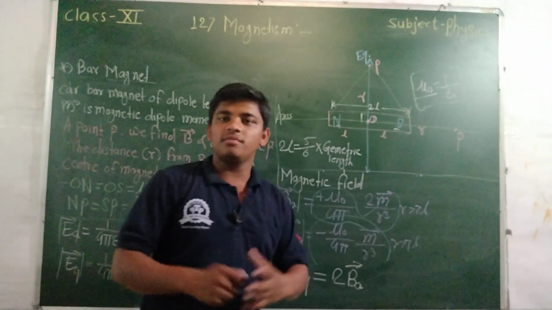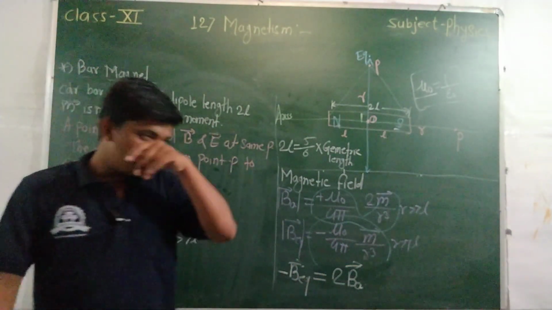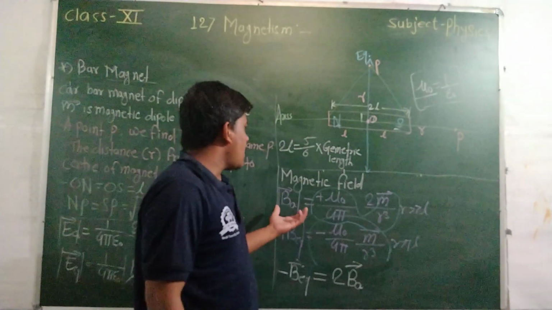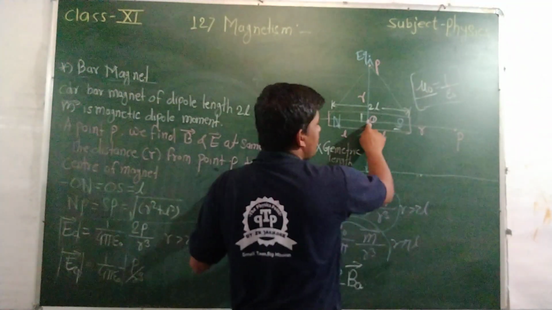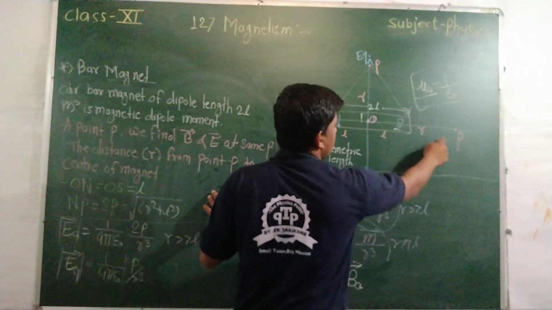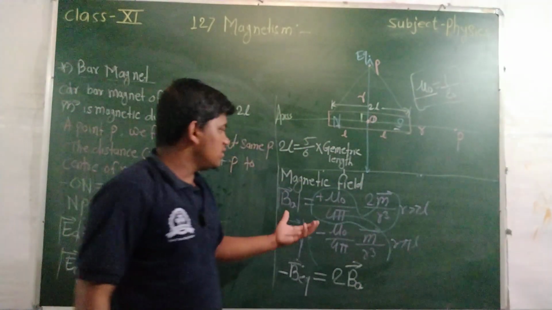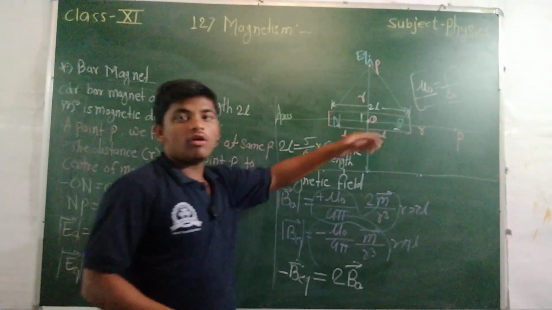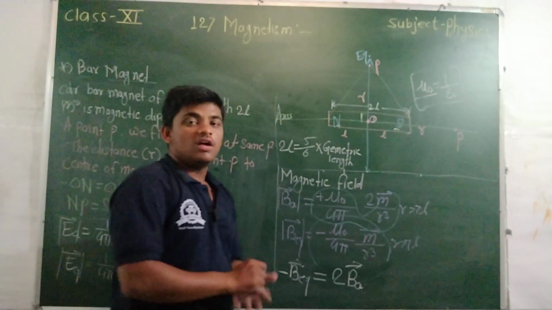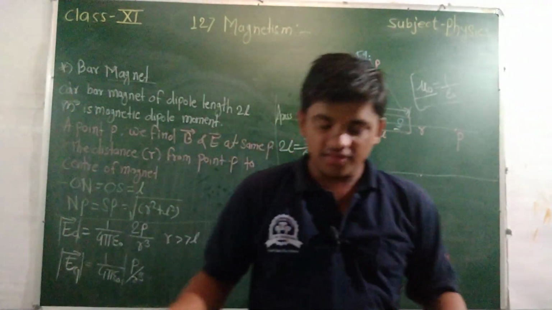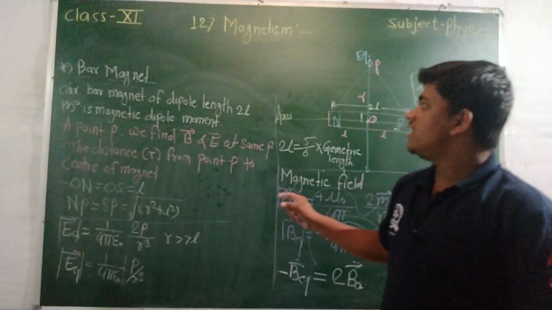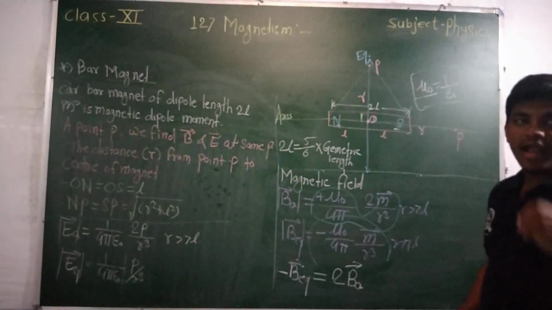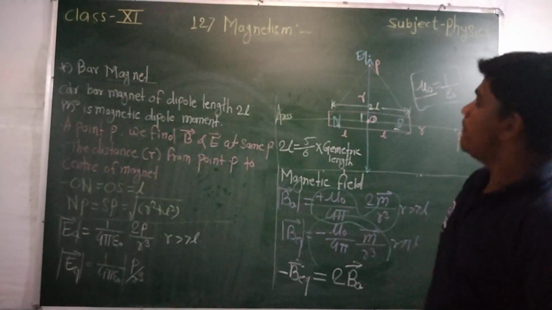The negative sign means a different direction. On the axis, the direction of the magnetic field and the direction at point P are the same, but when it is perpendicular or in a different direction, we take the negative sign. This is all about bar magnets and the magnetic and electric field of bar magnets.